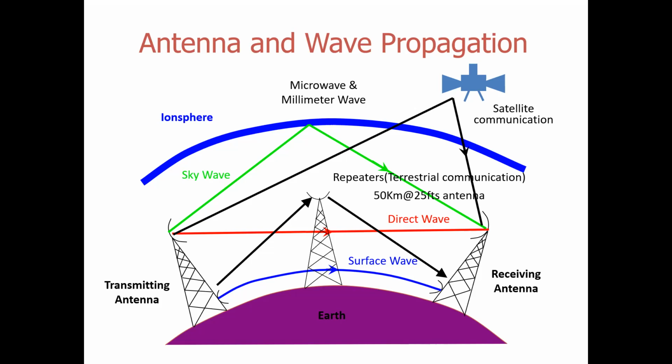We need the repeaters for terrestrial communication, at 50 kilometers with a 25 feet antenna height. After 50 kilometers, we use a repeater to continue the microwave communication.